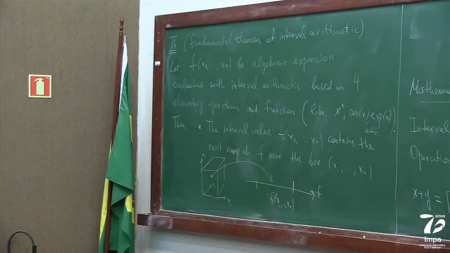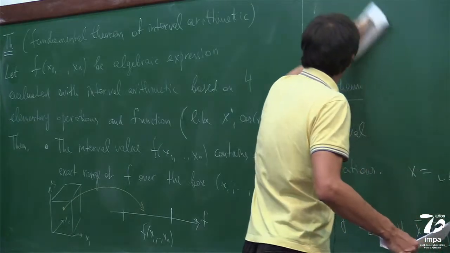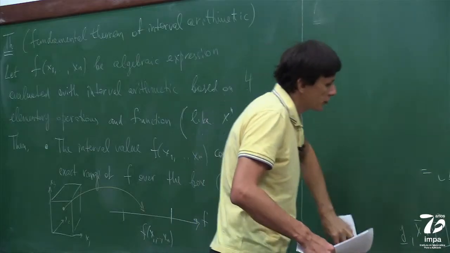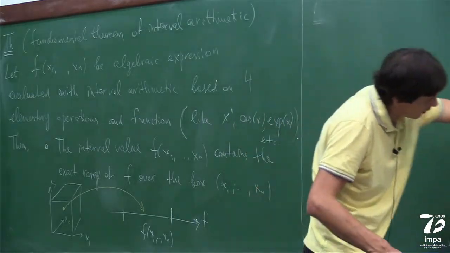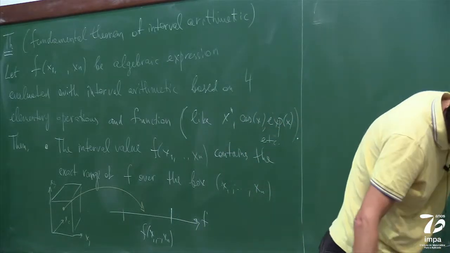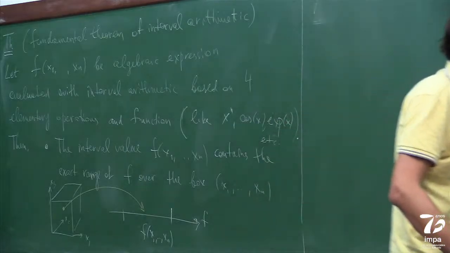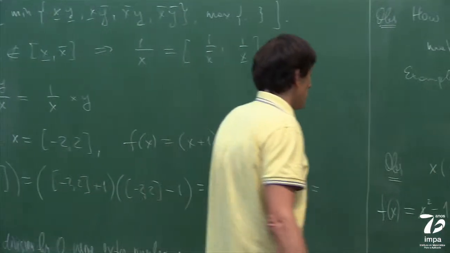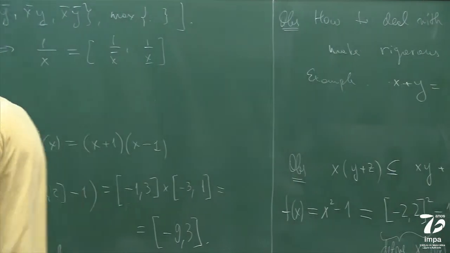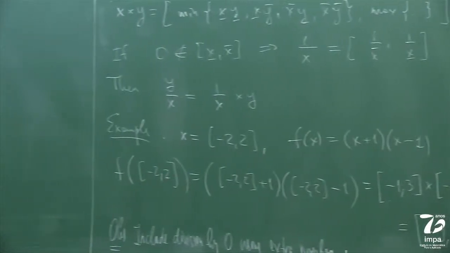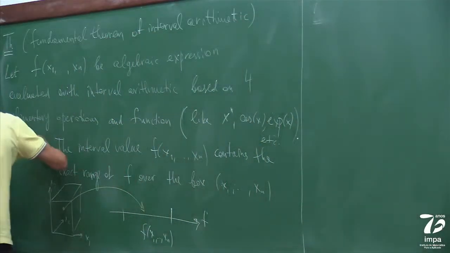And the second part is about how accurate it is. Actually, there will be two theorems about how accurate. The first has to do directly with this difference between the computation in one way or the other way. So this was one.